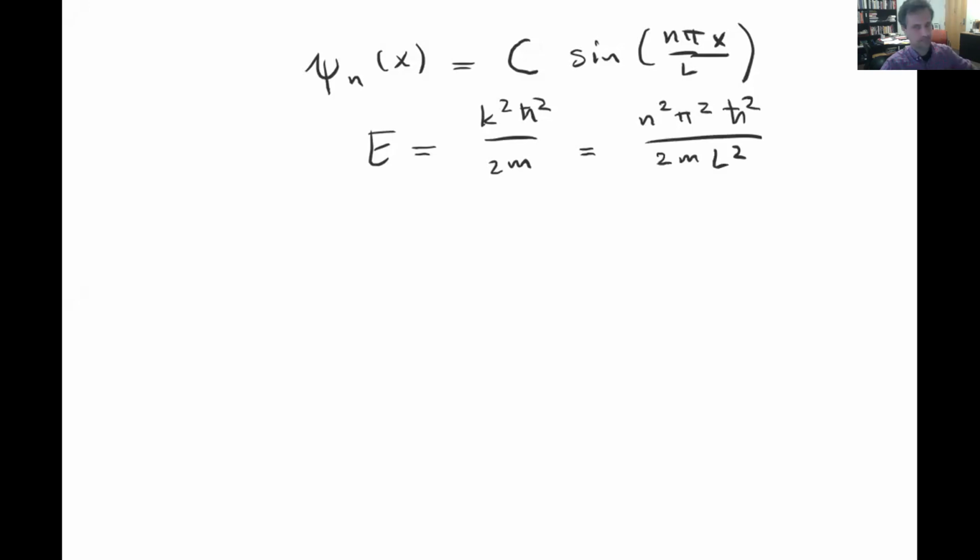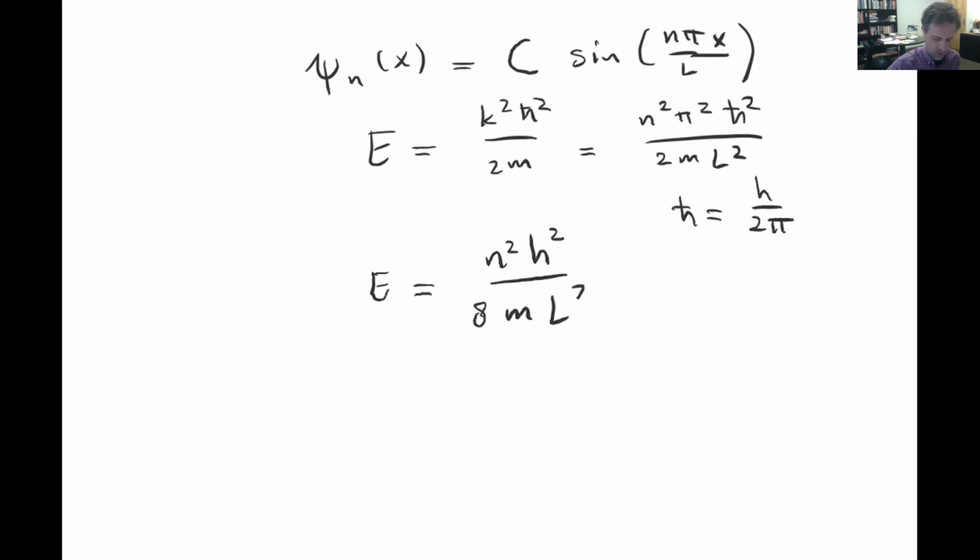That is the expression. I can now use a little bit of a substitution here. I simply use the definition of h bar, which is h divided by 2 pi. I substitute that, and I'm going to rewrite the energy as follows: n squared h squared divided by 8m L squared.